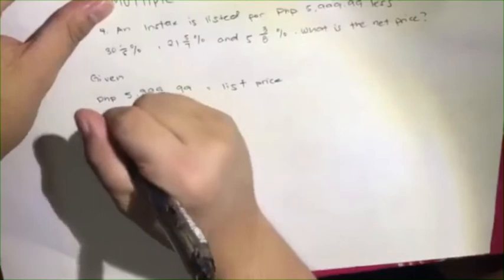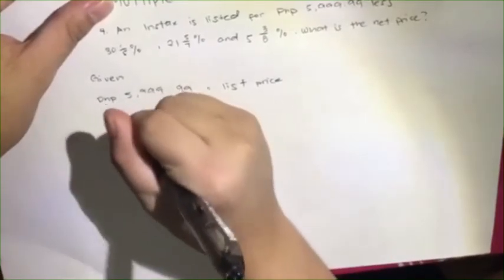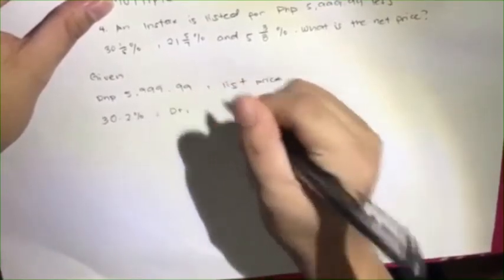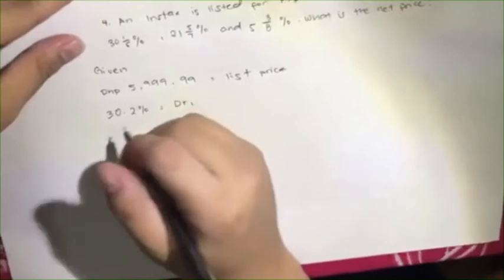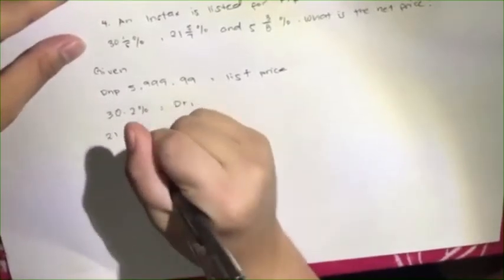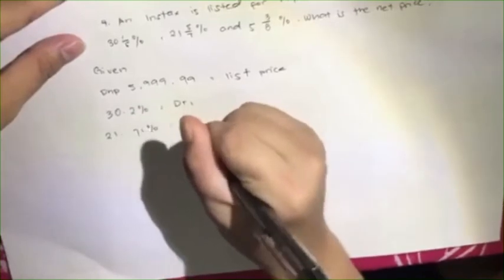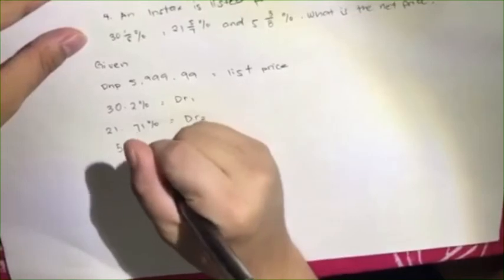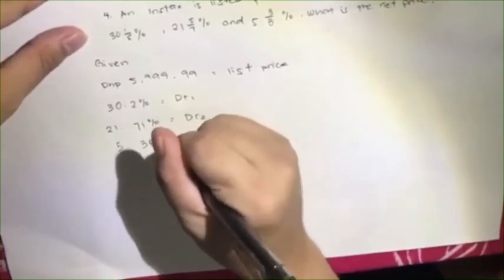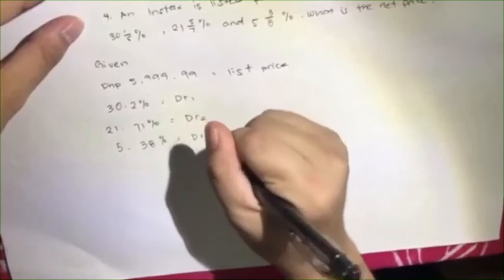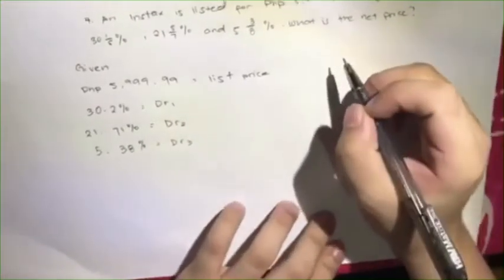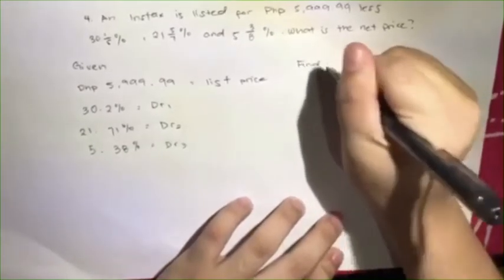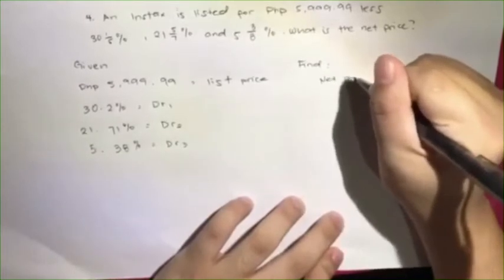So meron tayong 30.2% para sa first discount rate, DR sub 1. Next is 21.71% para sa ating DR sub 2, and 5.38% para sa ating DR sub 3. So tanong is, what is the net price? So we will find the net price.